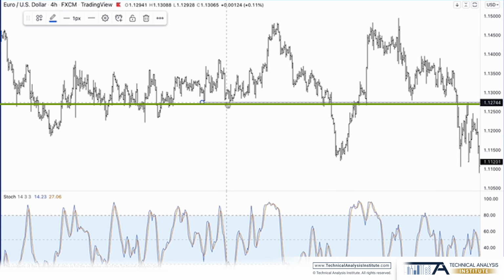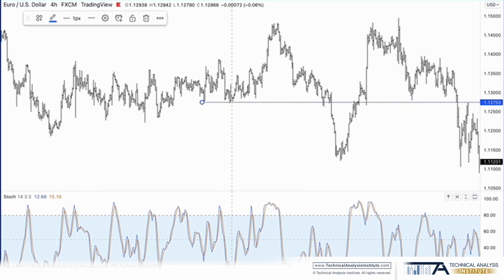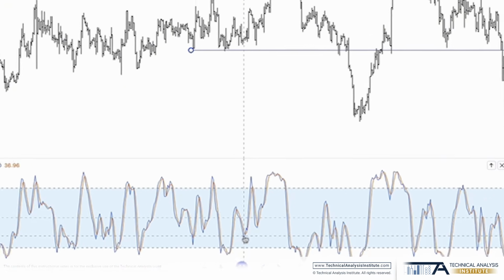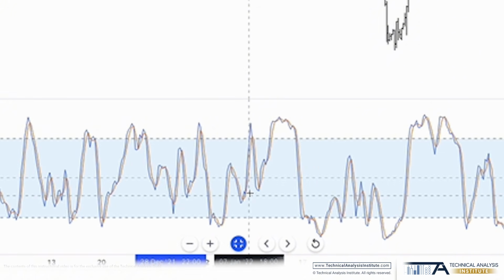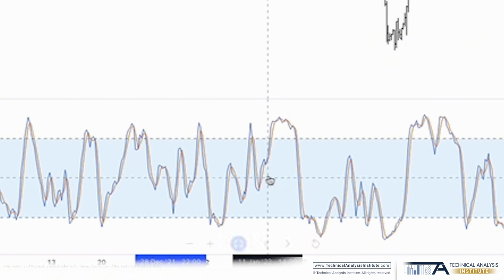Okay, so from here on we find support here, and now from here on we find the buy signals from stochastic, and now we take all the crossings of stochastic in the upwards direction. So we buy every time the stochastic crosses. So we have a buy signal down here, another buy signal here, another here, and another here.